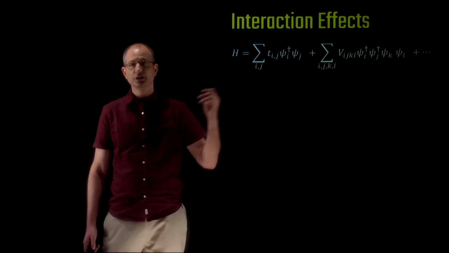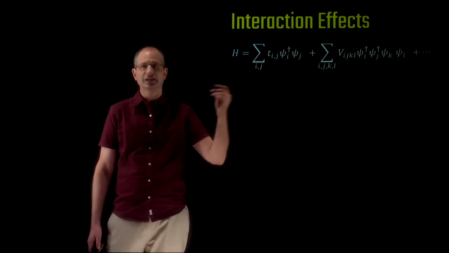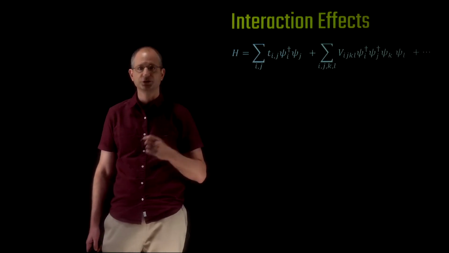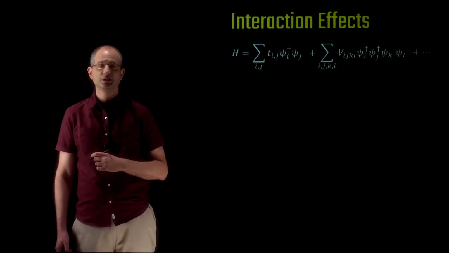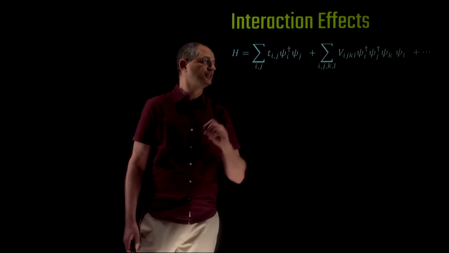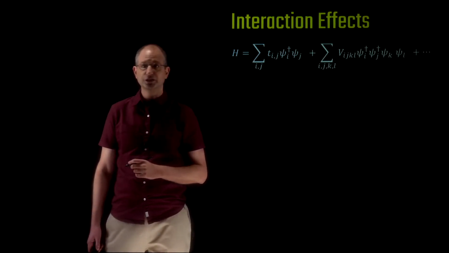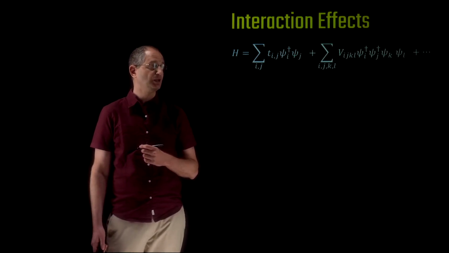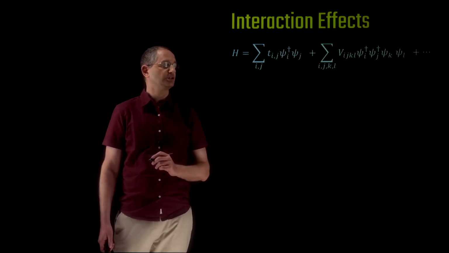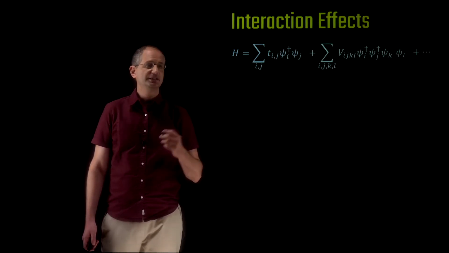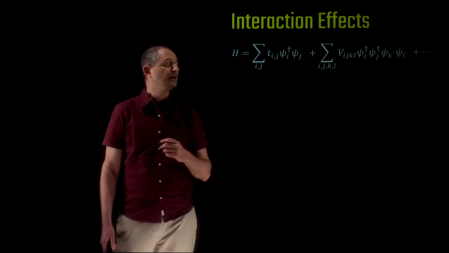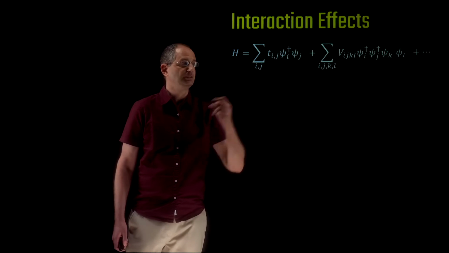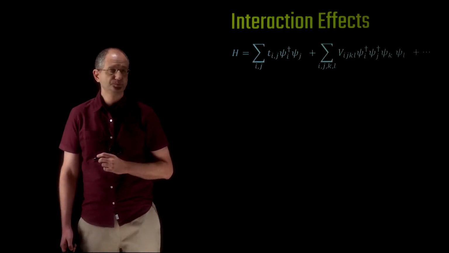We might imagine there are also three-body interactions corresponding to 6 fermionic operators, and so on and so forth. The simplest physical example of this type of term, a quartic interaction, is just the Coulomb interaction, which is the repulsion between two electrons. Okay, and the question we're going to consider is how is the classification of different phases affected if we add to the Hamiltonian this type of term.